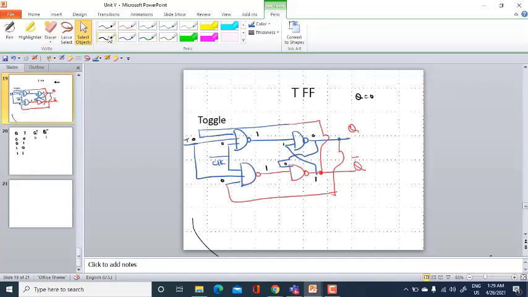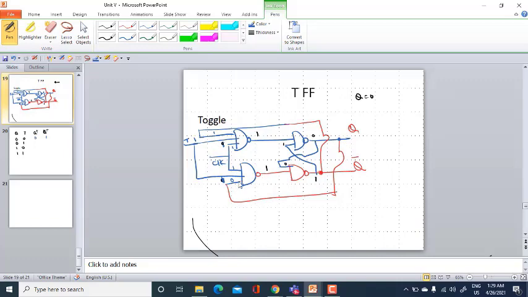And then go ahead with 1 and 1. So when you have the clock as 1, you have 1 and 1 here, and you are solely dependent on the previous state. The previous state is 0 again. So this 0 will come here, so this will be 1.